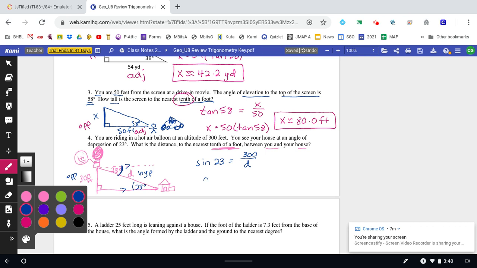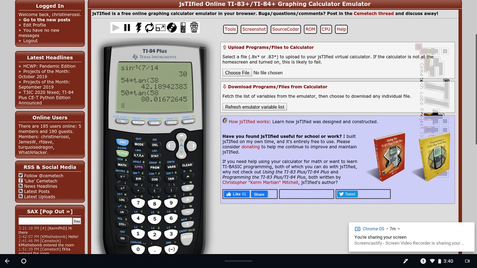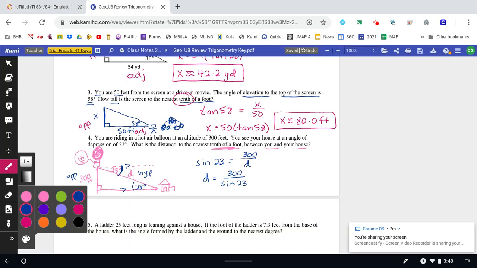And remember our little trick, 300 divided by the sine of 23. Get about... the distance is about 767.8 feet.